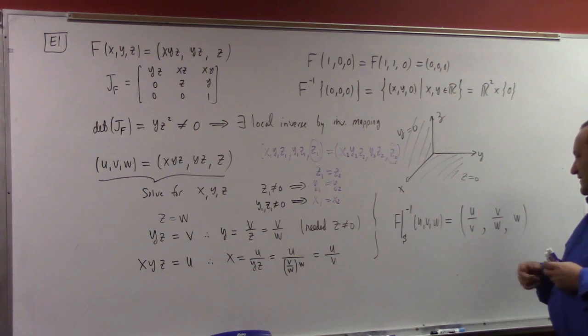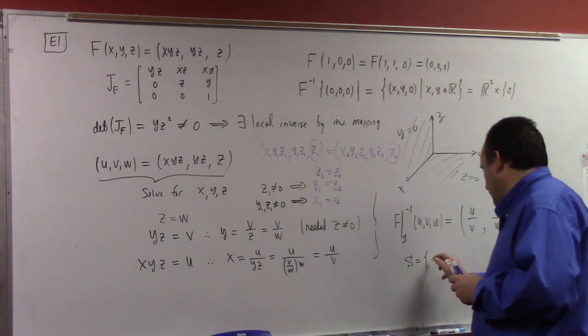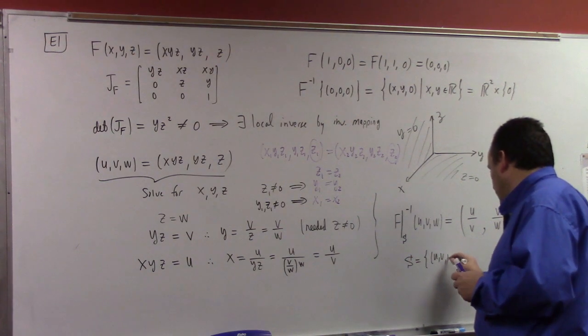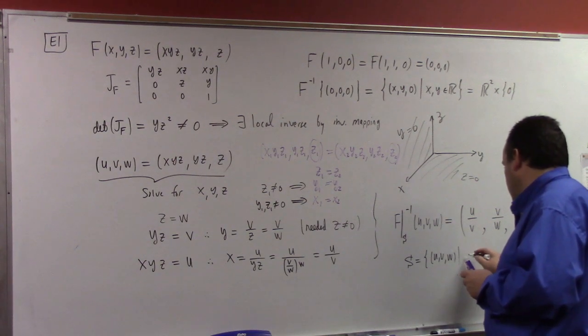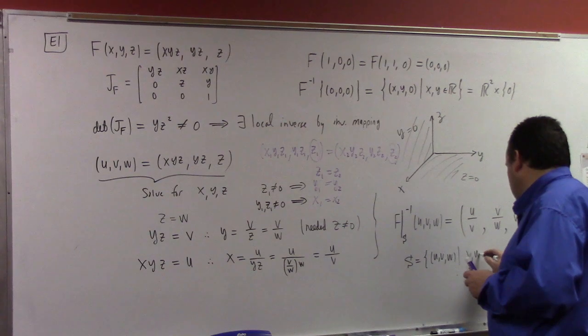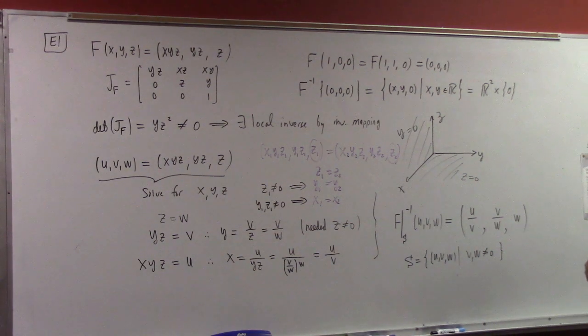So yeah, S has to be like the set of (u, v, w), right? Such that v and w are not equal to 0.